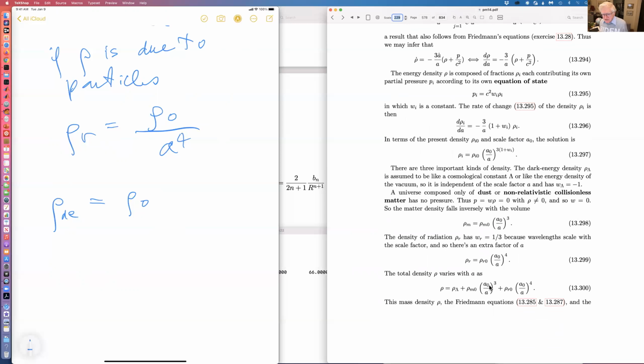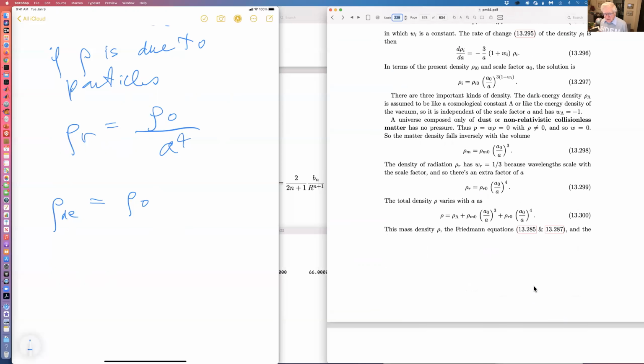So the total mass density is the mass density due to dark energy, sometimes written as capital Greek lambda, being the cosmological constant, the density of matter, whether transparent or visible, and the density of radiation.